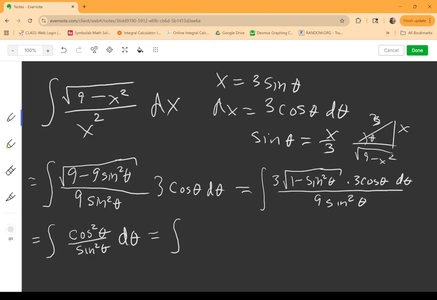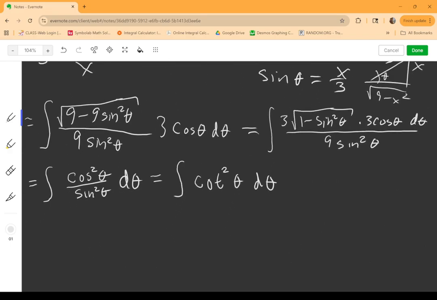Cosine squared over sine squared is cotangent squared of theta, d theta. Now from here, I'm going to use an identity, because again, the cotangent squared integral is not a straightforward integral. But if I use the correct identity, I do get a couple of straightforward integrals.